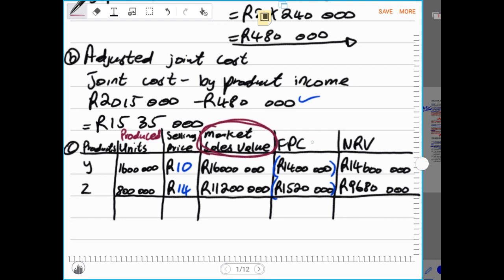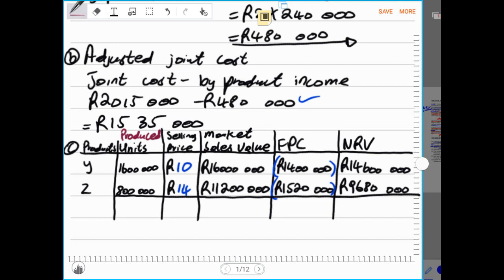Then after we subtracted our further processing cost, that gave us net realizable value. Therefore now we have to use these figures, which is 14,600,000 and 9,680,000, to allocate our adjusted joint cost. Don't forget to allocate our adjusted joint cost.